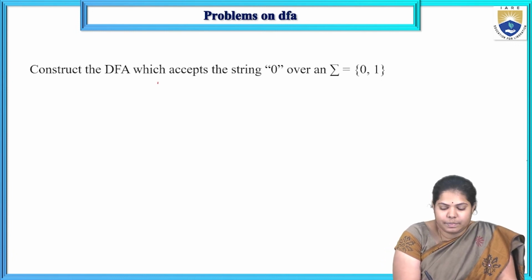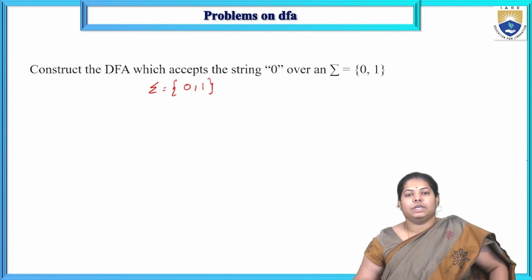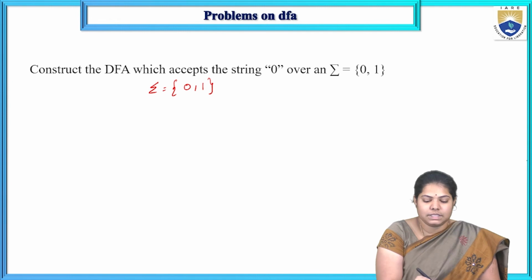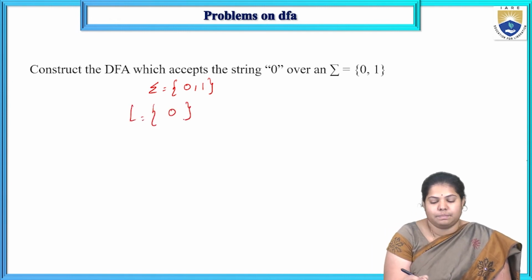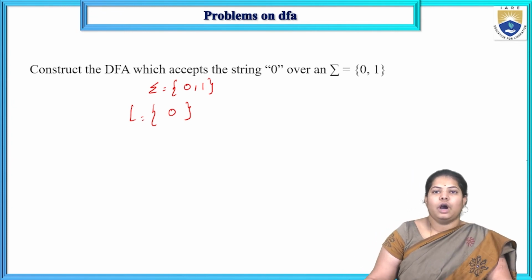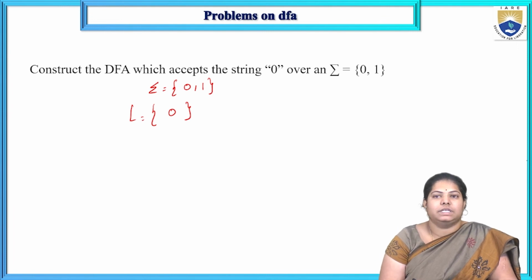I need to first define the input symbols, 0 and 1, and based on the question, which accepts the string 0, that means they have given a language with only 0 acceptance. Only 0. So how do we accept that particular string 0?